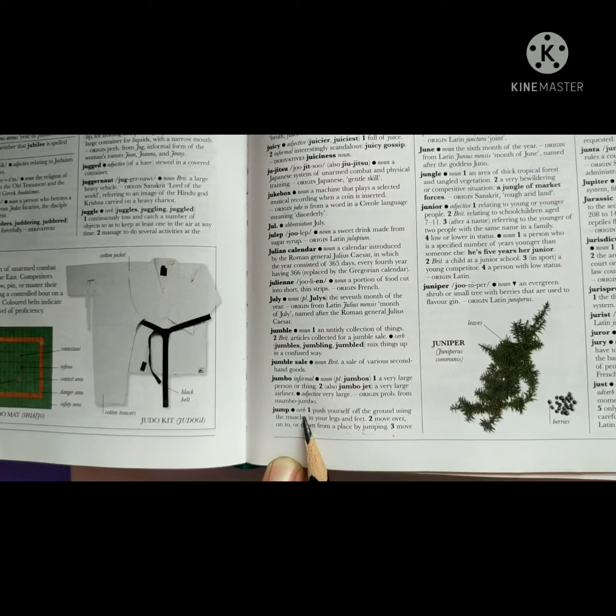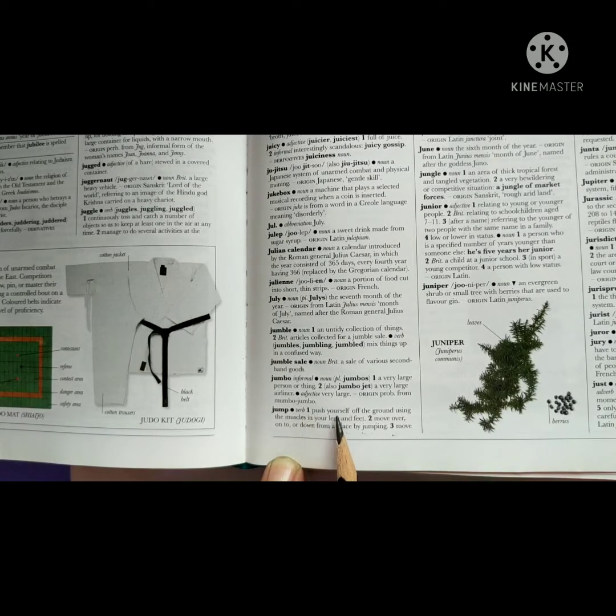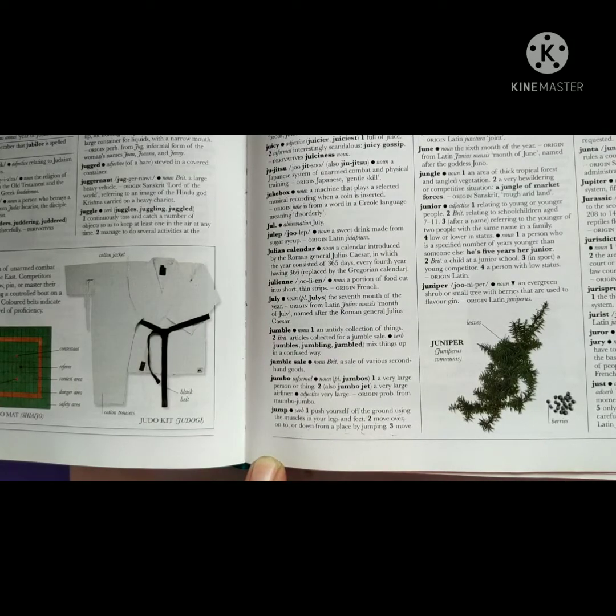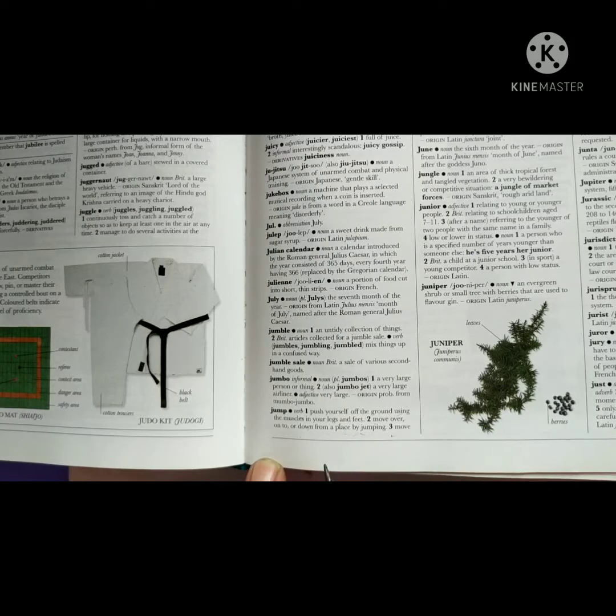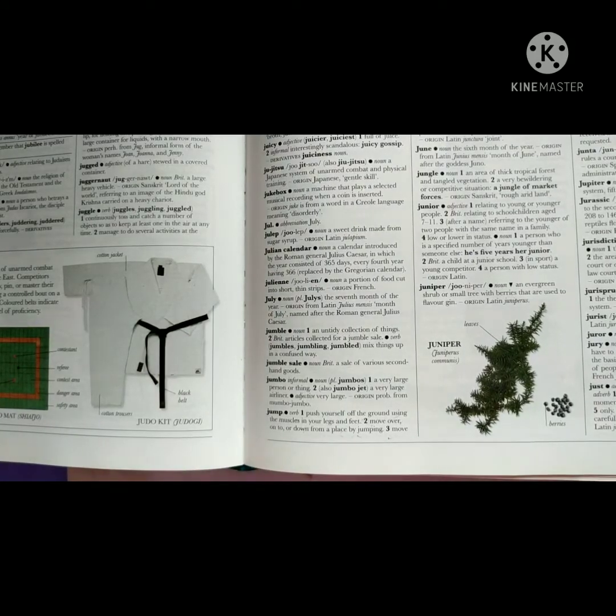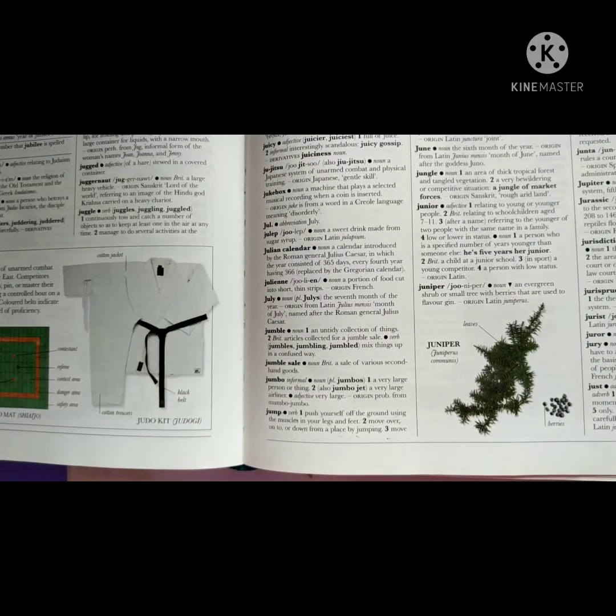Jump is a verb. The action word is verb. And jump meaning is push yourself off the ground using the muscles in your legs and feet. Okay children, we have to write this down in the textbook.